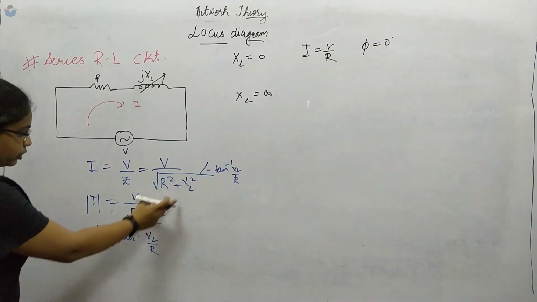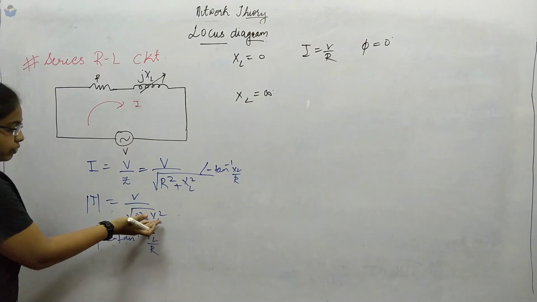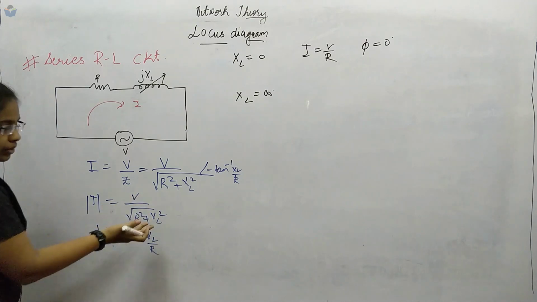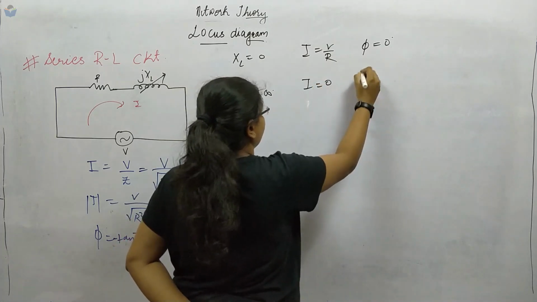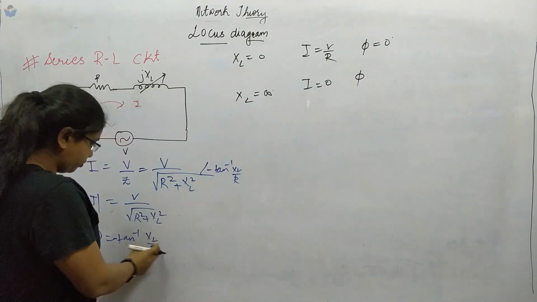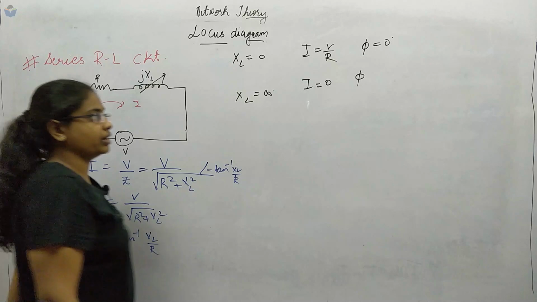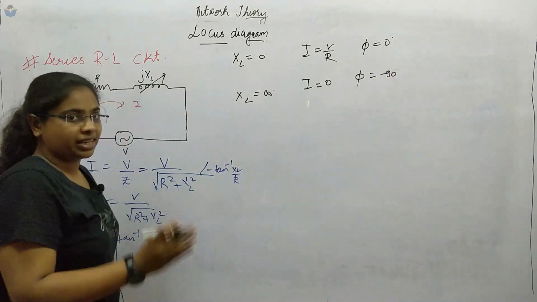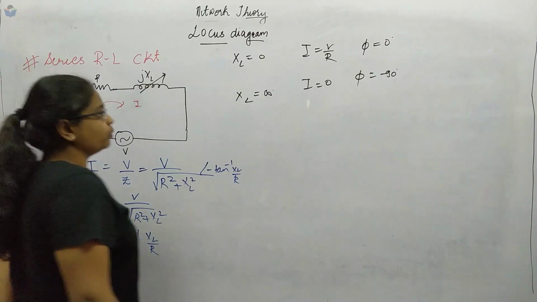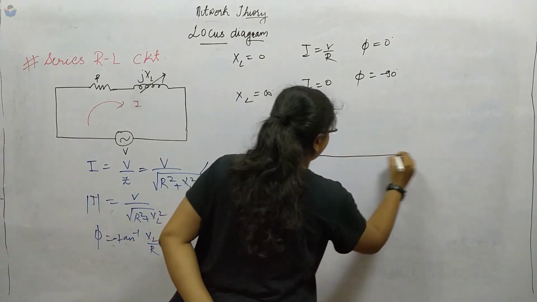Next put XL equal to infinite. V by infinite is nothing but 0, so you will get I value as 0, and phi value, put here infinite, tan inverse of infinite is nothing but 90 degrees, minus 90 degrees.